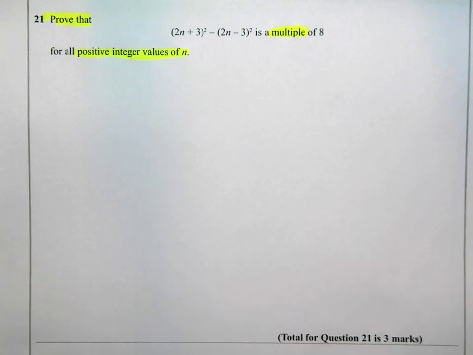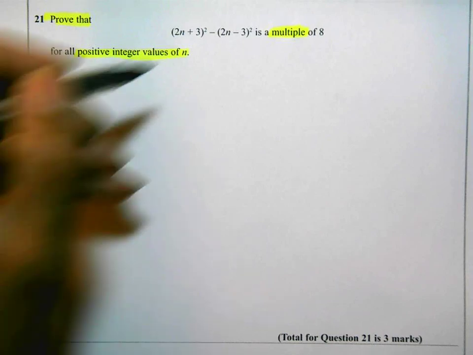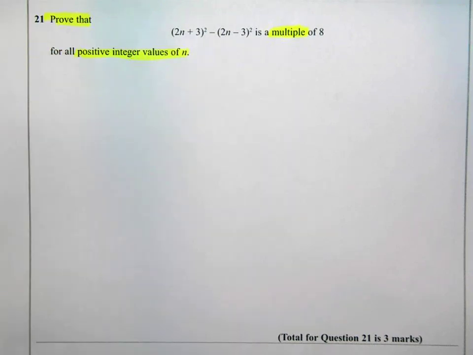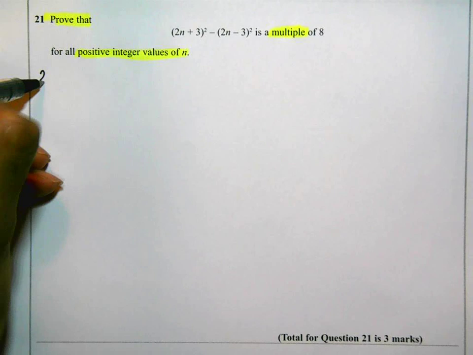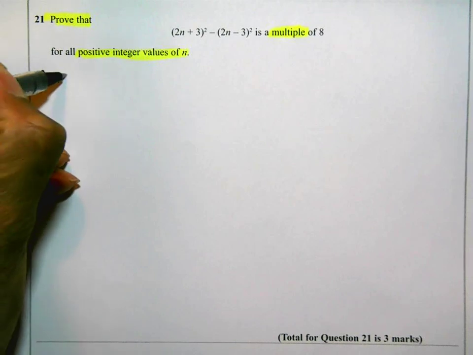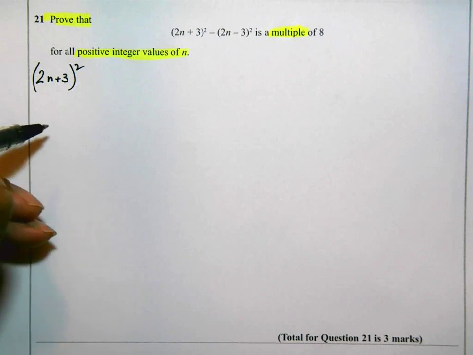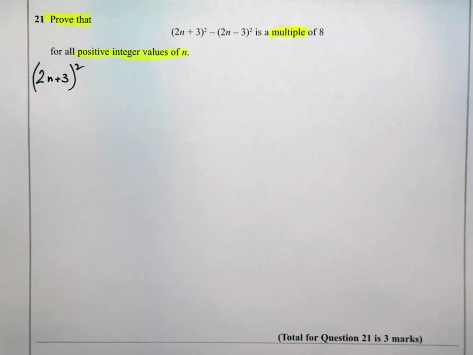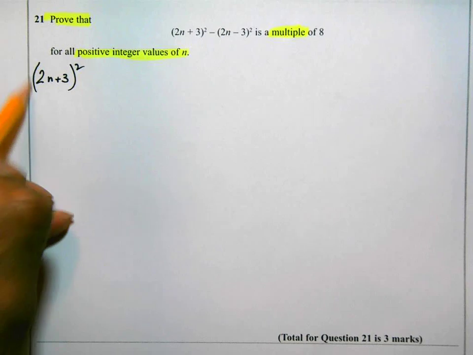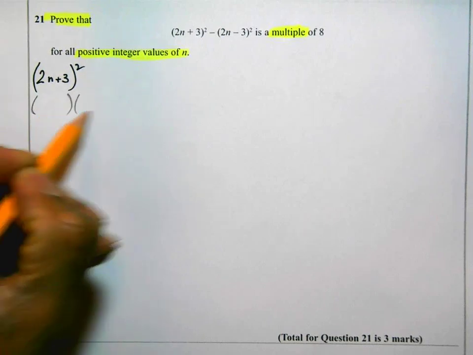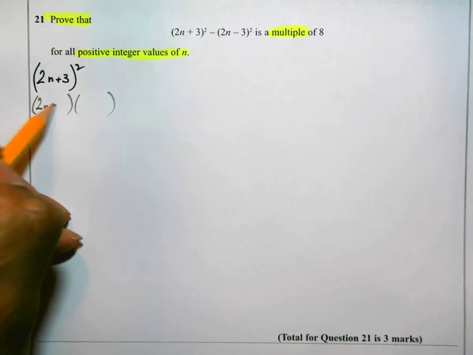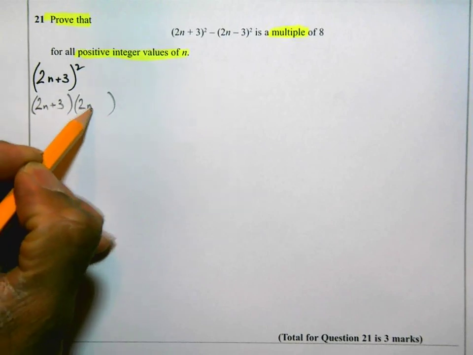So just looking at this, what I'm going to do is expand or multiply out each of the brackets. The first one, (2n + 3) all squared. I'm going to write that down in pencil just underneath. That's (2n + 3) times (2n + 3).